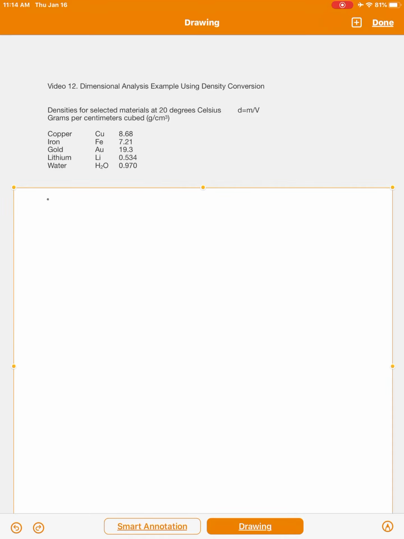So CGS is a way of thinking about units. C stands for centimeters, G stands for grams, and S stands for seconds.